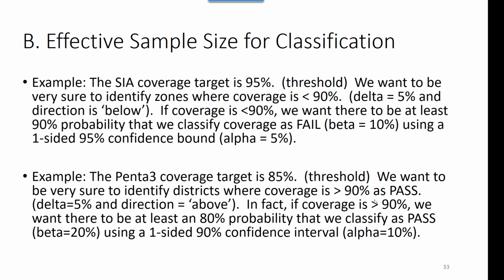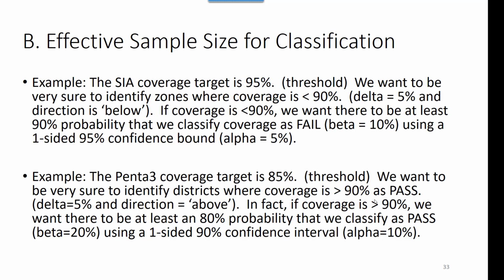So let's look at an example. In the SAA survey, the coverage target is 95%. That's the value of the threshold. We say we want to be very sure that we will identify zones where coverage is below 90%. Well, 90% is the second coverage value, so delta is the difference between 95 and 90. Delta is 5%, and the direction is below, because the second coverage value is below the target.